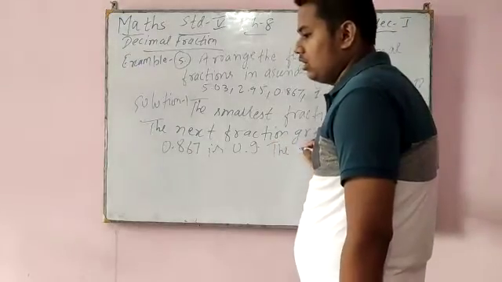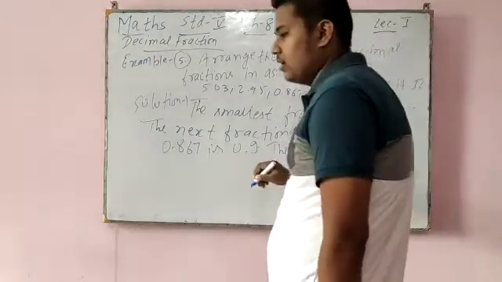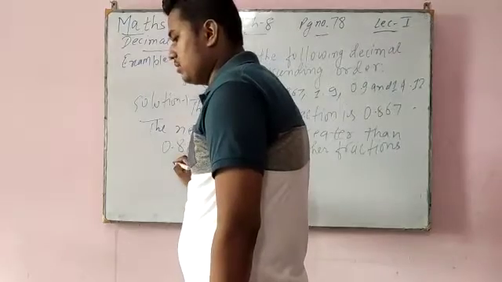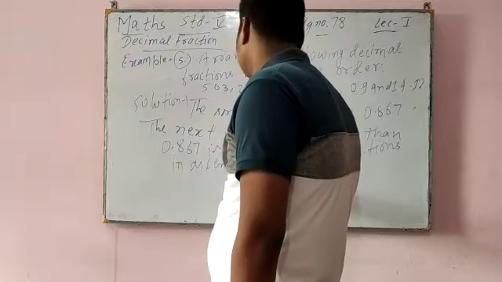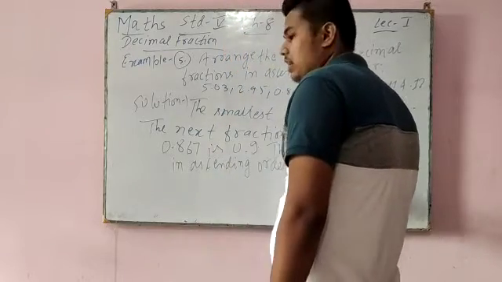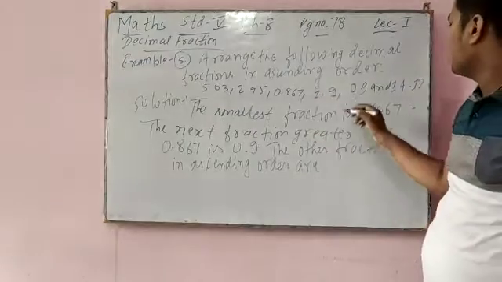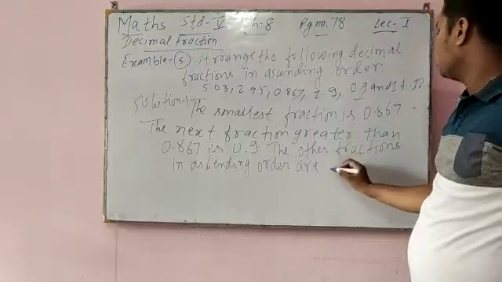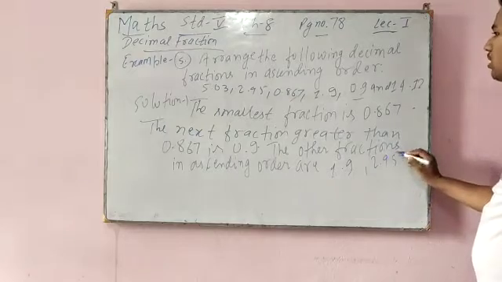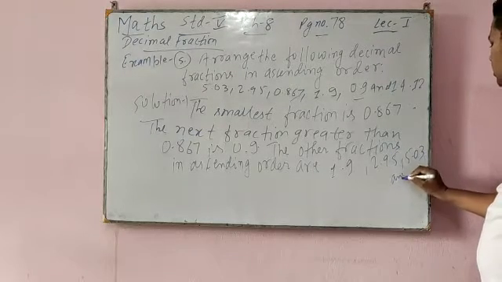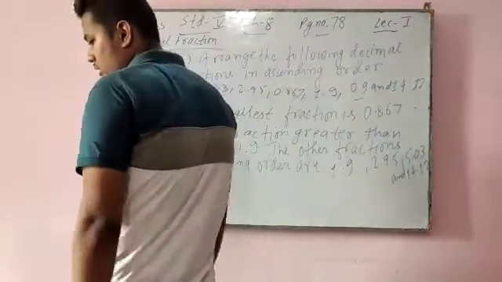Now the other fractions in ascending order: 0.867 is taken, 0.9 has been taken now. So greater than it is 1.9, after that 2.95, 5.03 and 14.12.